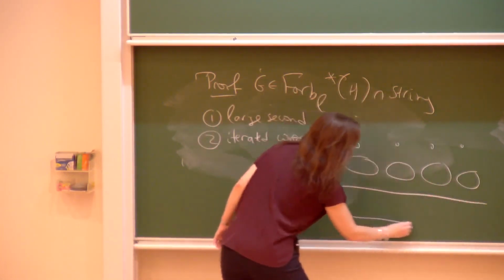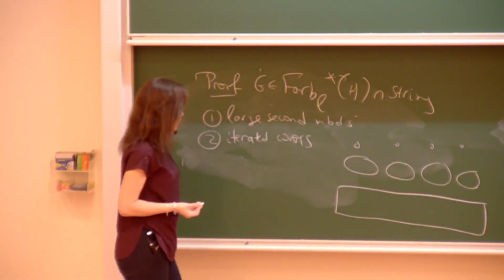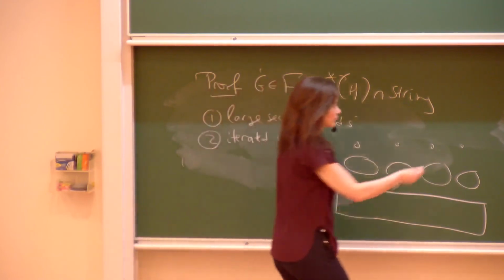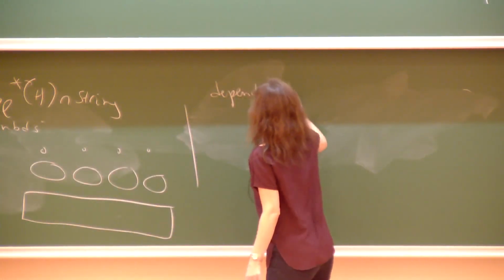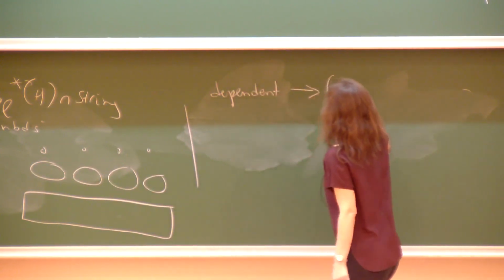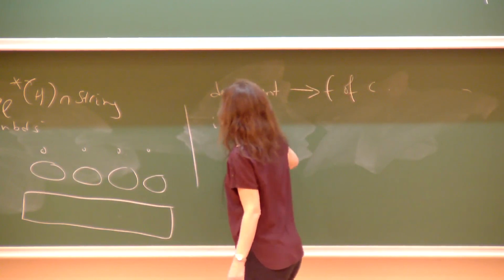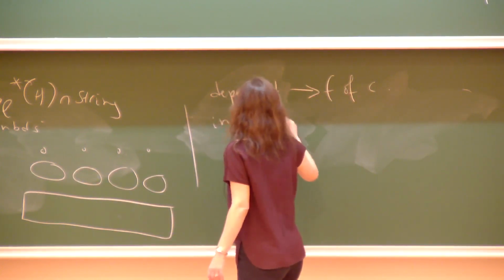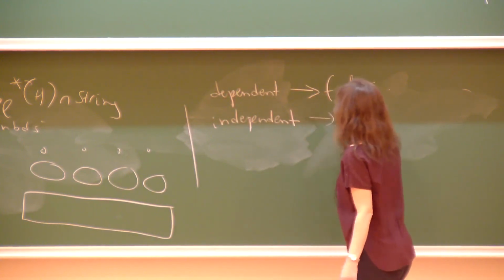And either they're all pairwise dependent or they're all pairwise independent. If they're all dependent, you could just construct a forest of chandeliers. So they're independent, then you can construct a subdivision of K_n.